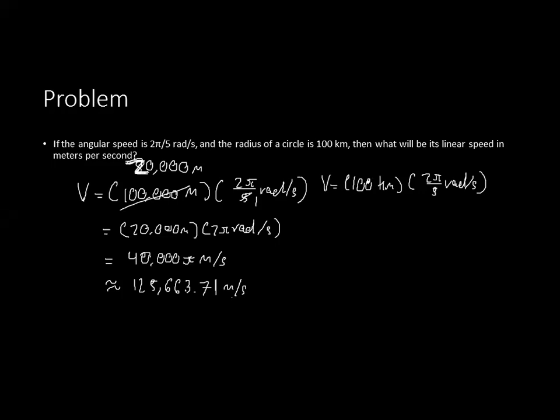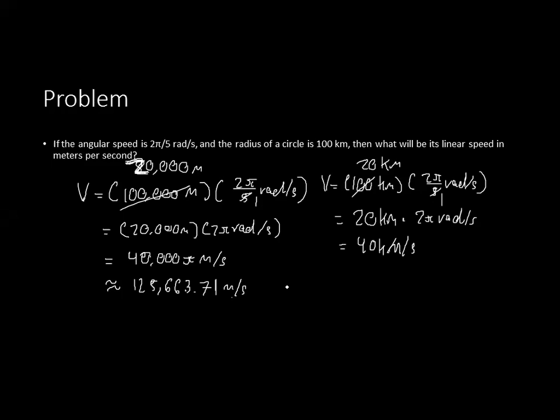So 100 kilometers divided by 5 is 20 kilometers, and 5 divided by 5 is just 1. So you will have 20 kilometers times 2 pi radians per second, which is 40 pi kilometers per second. Now we must convert it into meters.